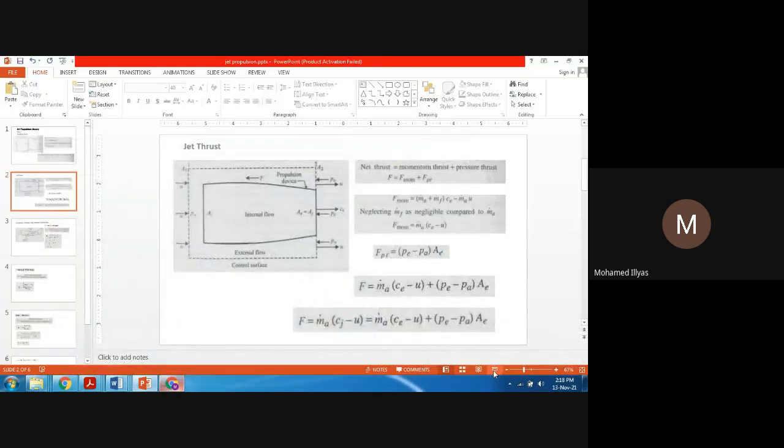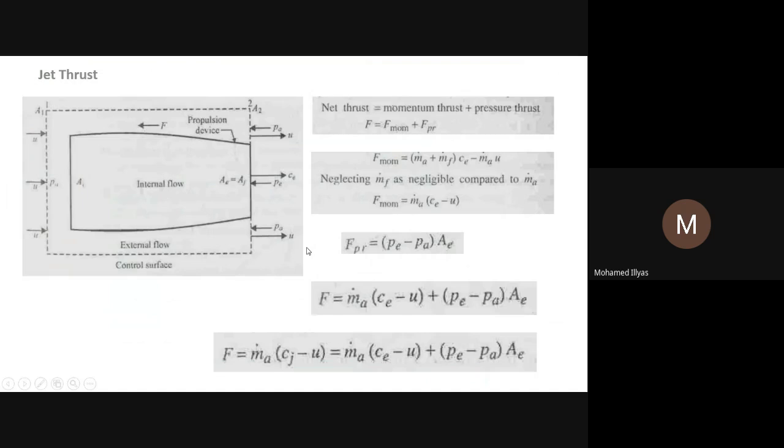Okay. Next, jet thrust. We obtain jet thrust when the gas is expanded in the nozzle. This is applicable for any gas turbine engine. If you see the gas turbine engine flow diagram, normally we'll have a diffuser.